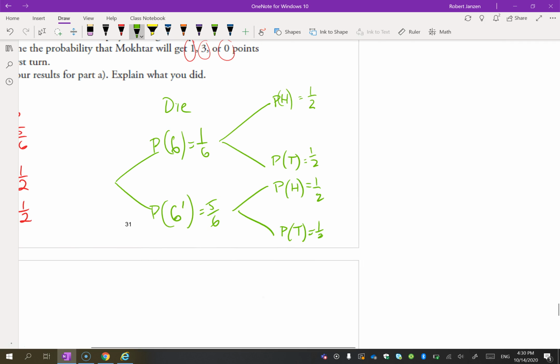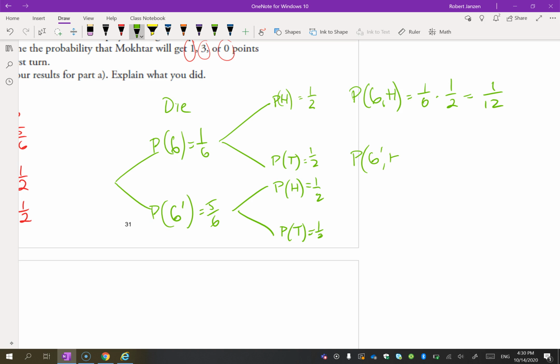Okay, so let's take a look at what is the possibility of rolling a 6, getting heads. This is probability of 6 and heads, which is 1 out of 6 times 1 out of 2. And you can see these are not affected in any way. The probability of getting a head is not affected by the die, so that's why these are independent events.